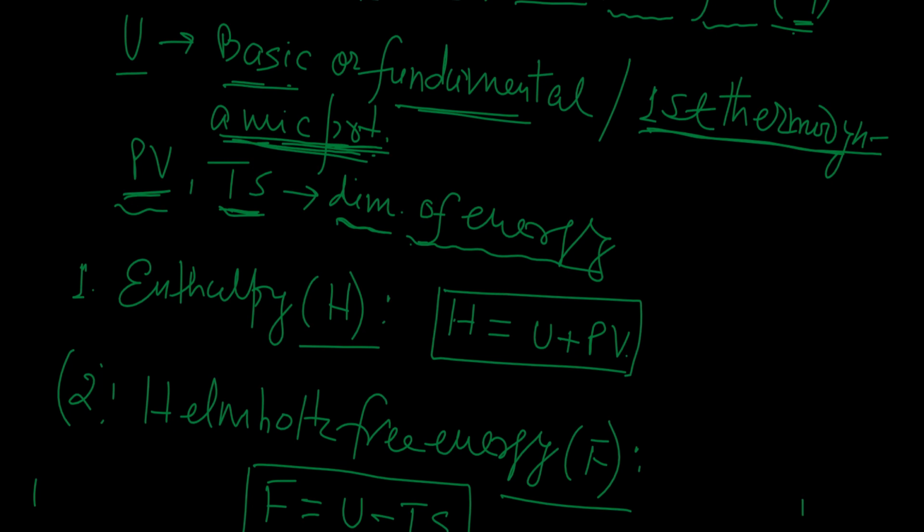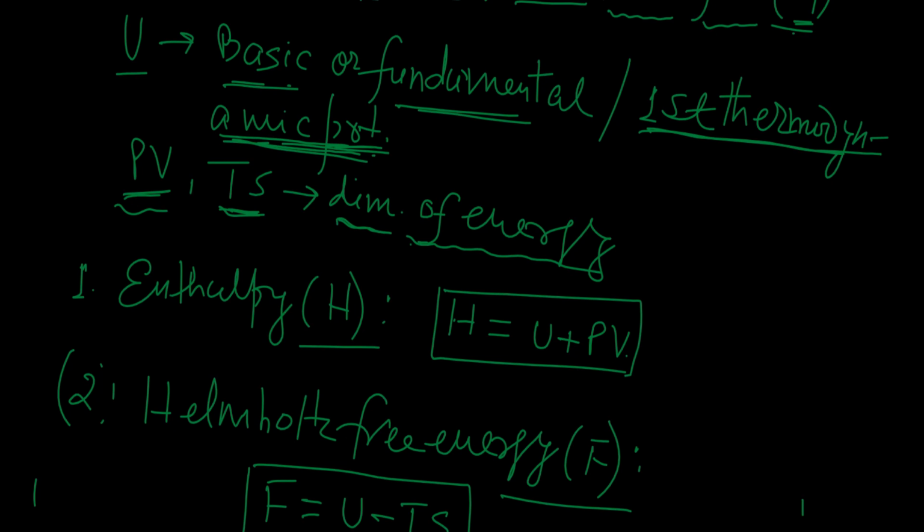So we can add or subtract these quantities in U, and these combinations result in the other thermodynamic potentials, which are H, G and F. In fact, by the combination of U with the products of PV and TS, we will find the other three thermodynamic potentials.